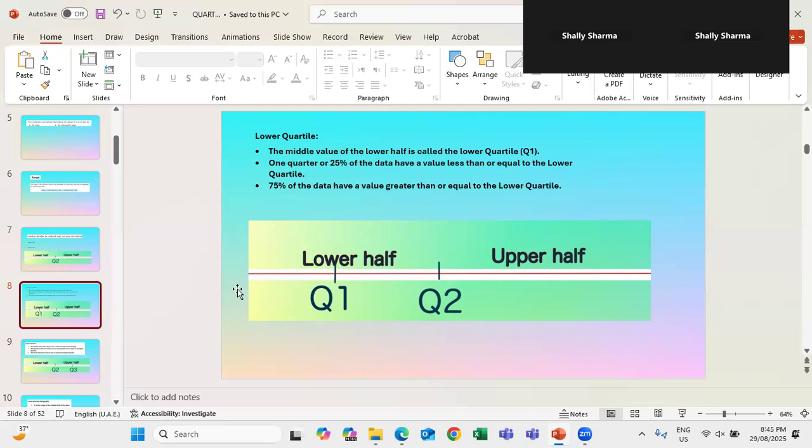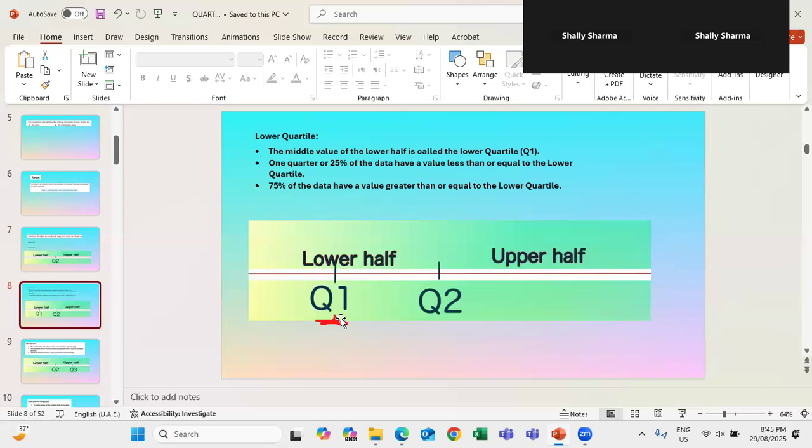We divided the whole data set, which was in ordered form, into two halves. Then we take the first half, which is called the lower half, and we find its middle value. That value is known as the lower quartile. In other words, lower quartile is represented by Q1. This is the way to represent lower quartile.